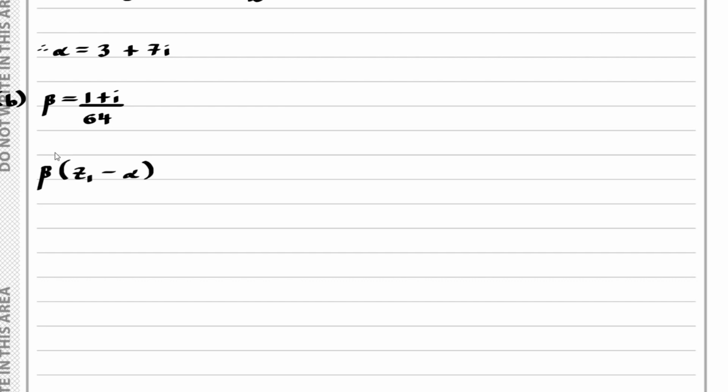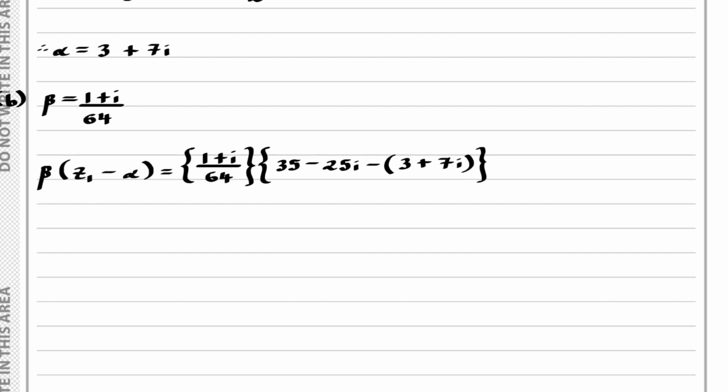And with this, if we work out beta multiplied by Z1 subtract alpha, we've got 1 plus i over 64 multiplied by Z1, which is 35 subtract 25i, subtract alpha, which is 3 plus 7i. So if we work out what this is equal to, what we end up with is 1, and that's exactly what we wanted to show.